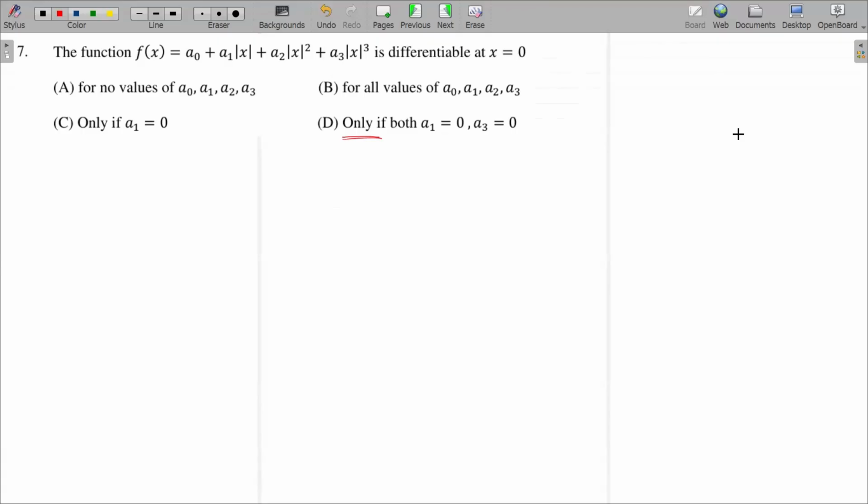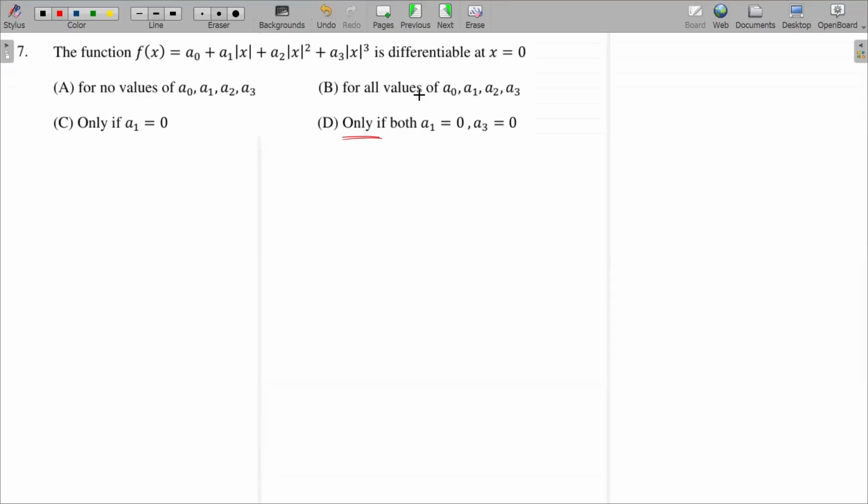Yes, sir. Fine. Sir, option B will be incorrect, I guess. Sir, if we use the definition of mod x, there will be two cases.